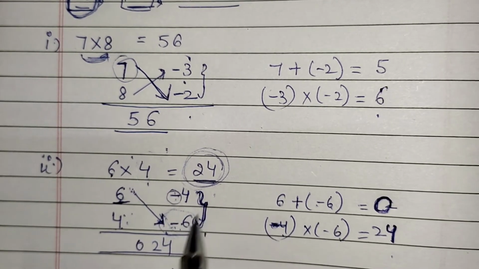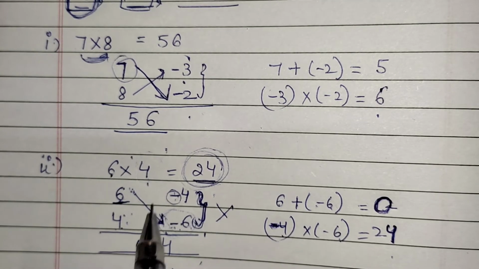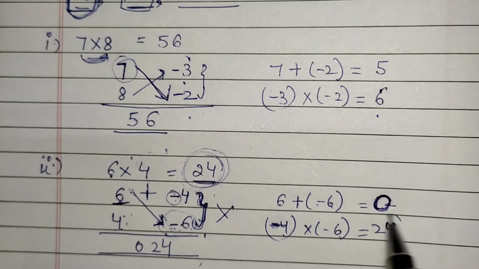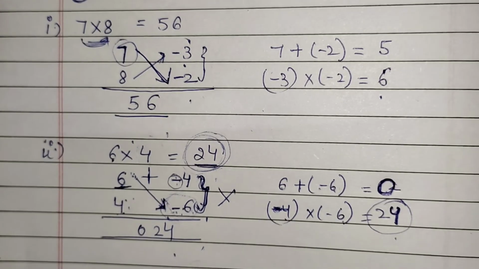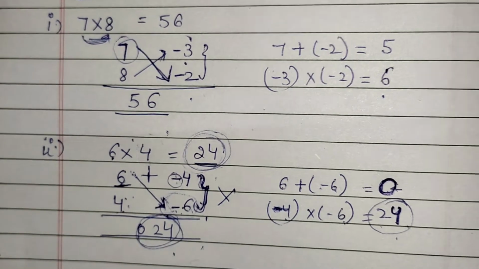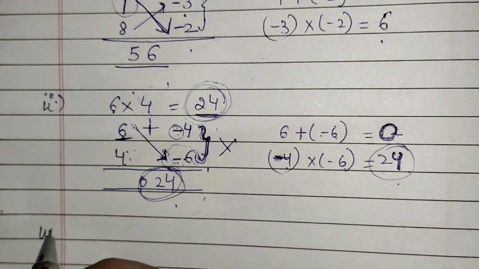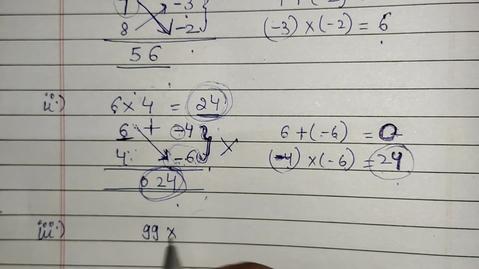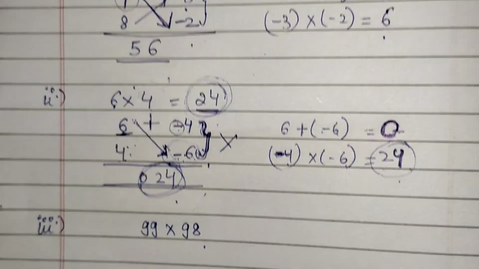These two numbers will be multiplied and the other numbers will be added. You will get the result as 24. So 0 and 24, and the answer is 24.